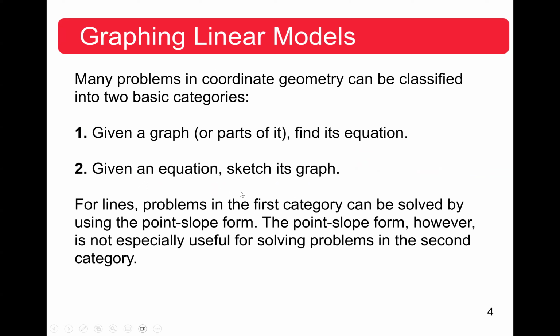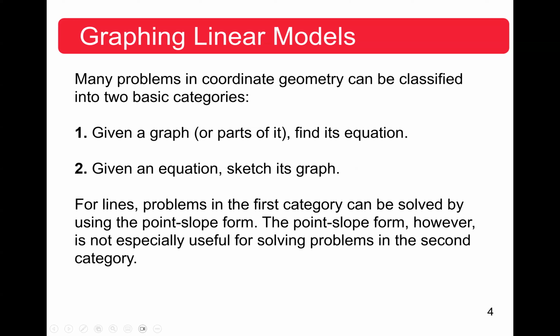Many problems in coordinate geometry can be classified into two basic categories: given a graph or part of it, we should find its equation, or given an equation, we should sketch its graph.